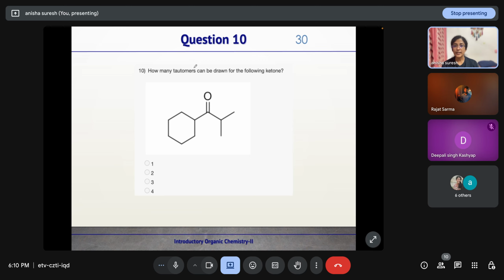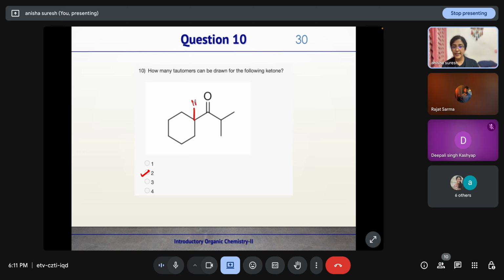Now coming to question number 10. How many tautomers can be drawn for the following ketone? Is it 2? Yeah, 2 is the right answer. What factor do we have to take into consideration while counting the number of tautomers? The number of alpha hydrogens.